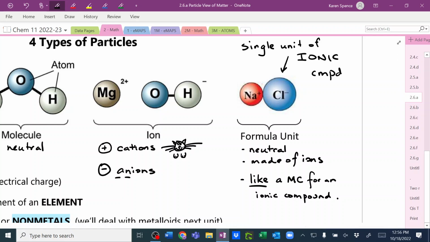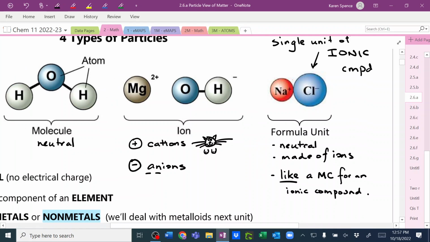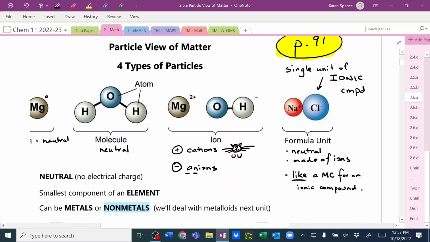We have ions, which are either positive or negative, and they will always say their charge. Whenever you write a symbol for an ion, it has to say the charge, because if it doesn't say the charge, it's not an ion. We also have molecules.